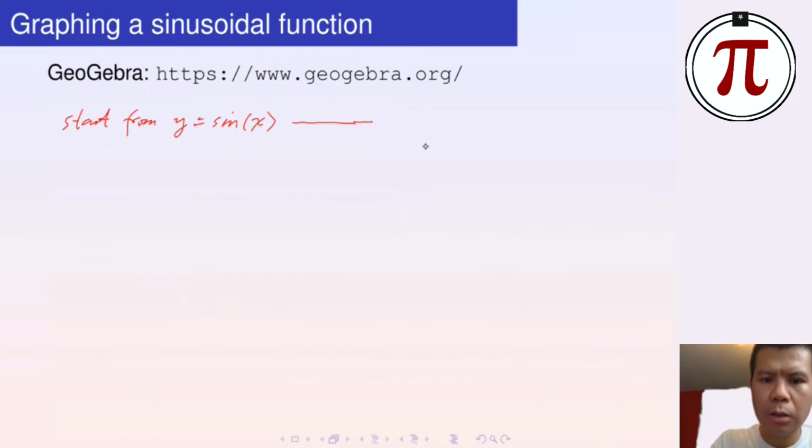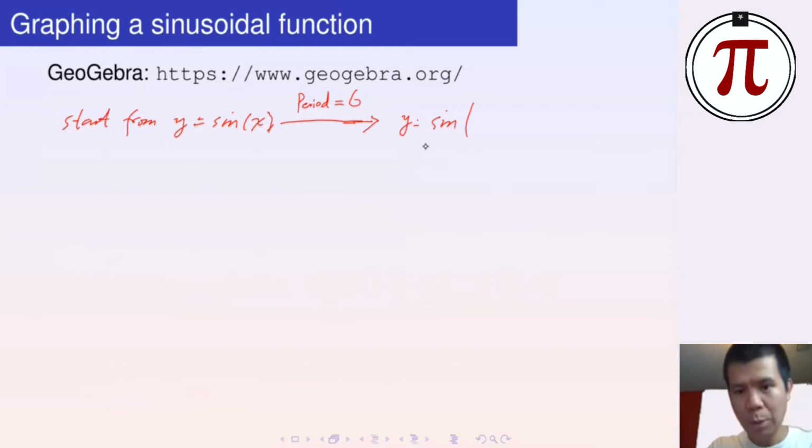Considering the period equals 6, we change this to y equals sine of pi over 3 x.